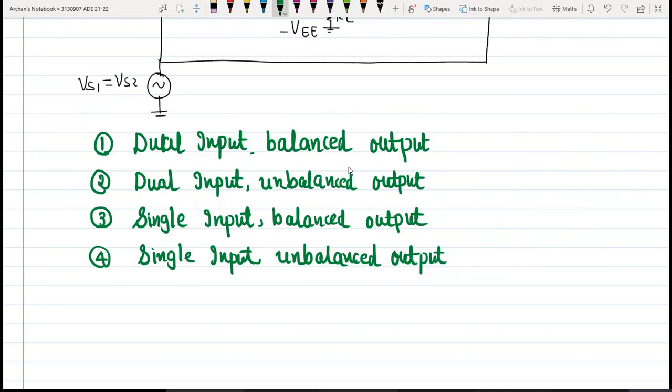So this differential amplifier uses two transistors in common emitter configuration.